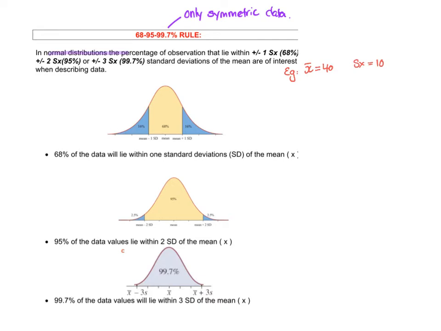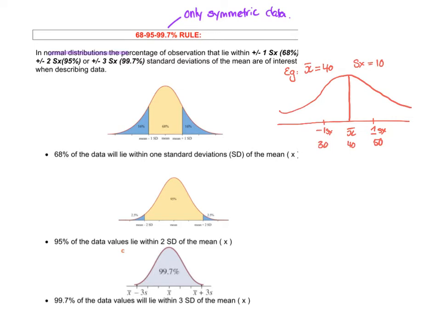So say we had some data and that was what it was. They've said that the data is approximately symmetric, so you know you've got this bell shape. And what I just said is that the mean was 40. If I add one standard deviation to the mean, because it was 10 in this example, I'd be at 50. And if I take one standard deviation away, I'd be at 30. This is just this example.